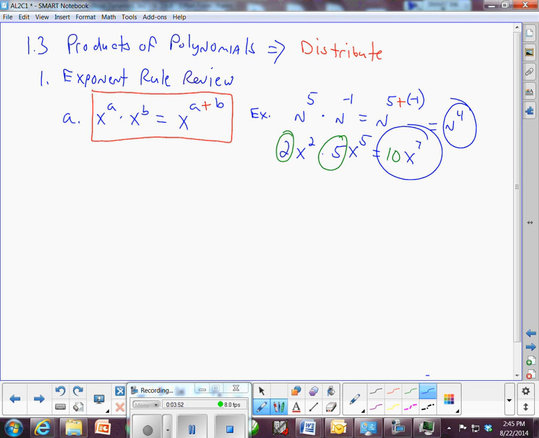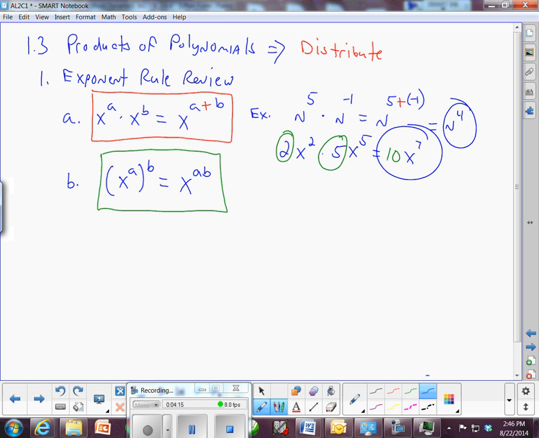Okay, well, what else? B. Do you remember this rule? An exponent to an exponent? X to the a to the b power. And if you remember, that ends up being x to the a times b. X to the a times b. I'm going to box that in green. So you end up multiplying exponents.